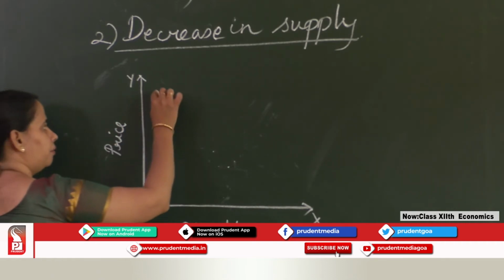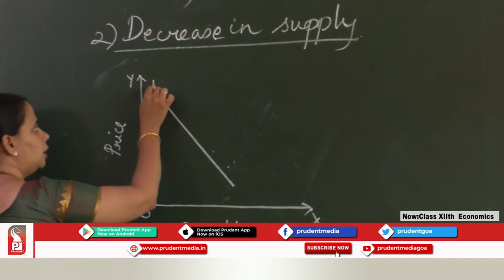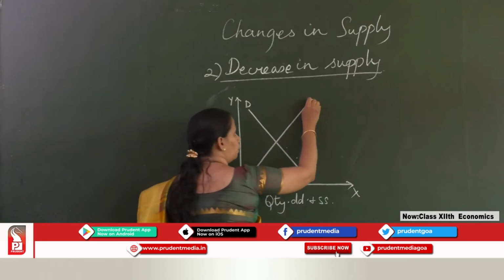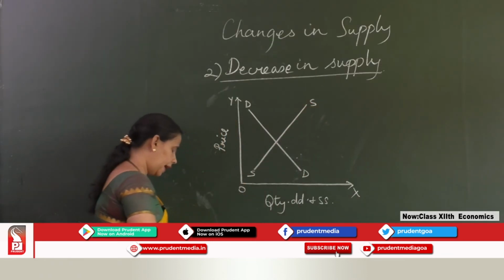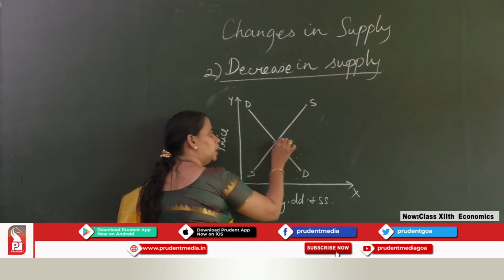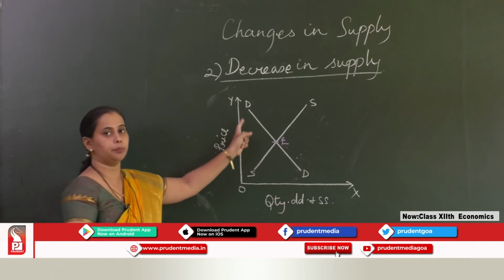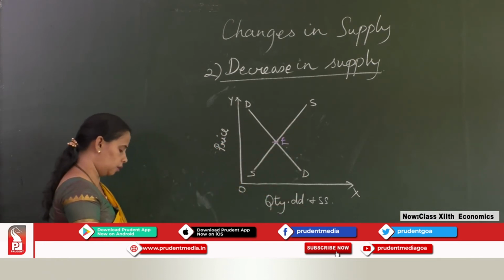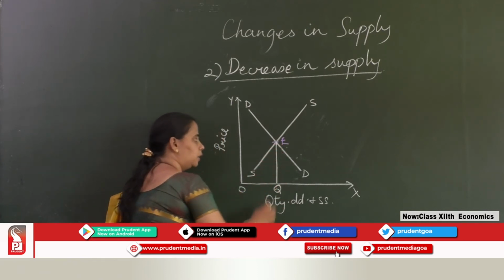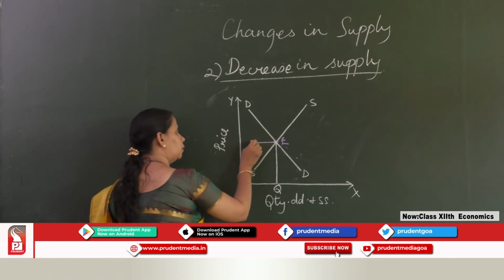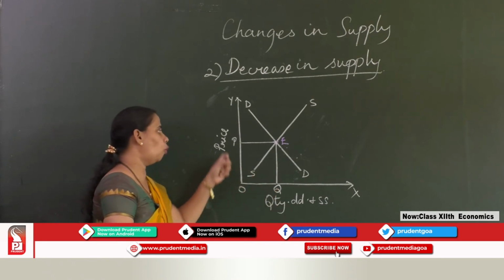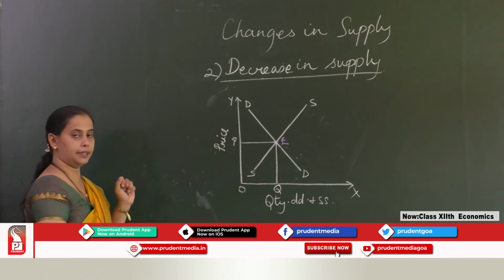Again, we have the original demand curve and the original supply curve, and as we have seen in the earlier diagrams also, the point of equilibrium comes at the point of intersection between the demand curve and the supply curve. Corresponding to that, we have OQ as the equilibrium quantity and OP as the equilibrium price.